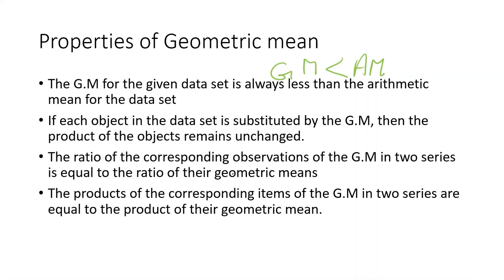Then the product of the corresponding items in two different series will be equal to the product of their geometric means. It's just talking about scale and origin. If the observations of two different series are multiplied together, it will be similar to the multiplication of the geometric means of those two series.